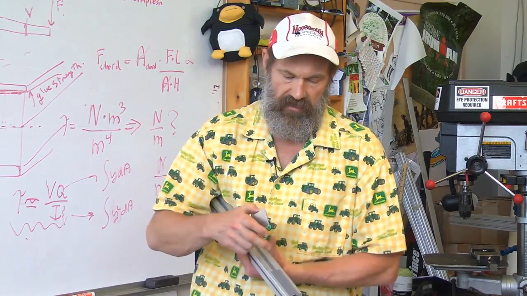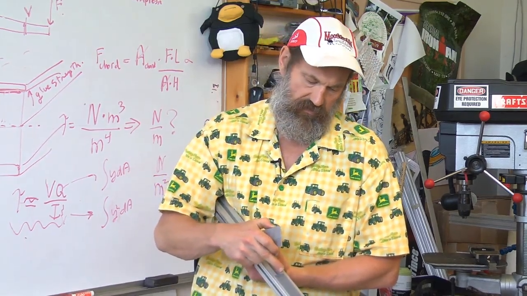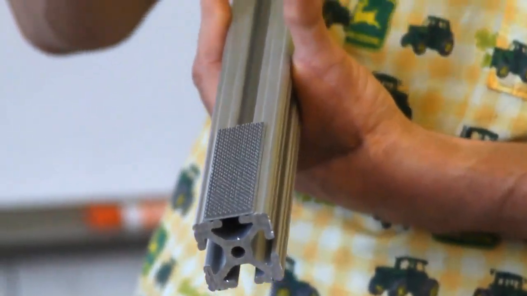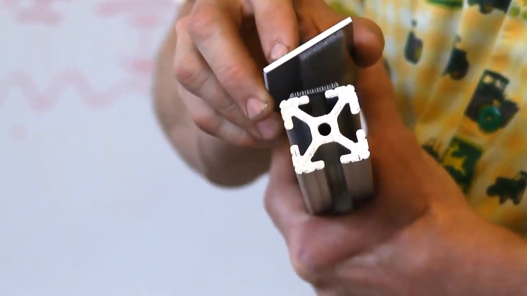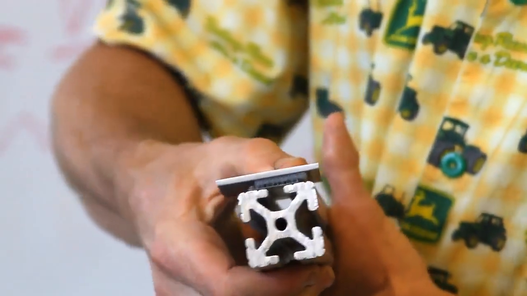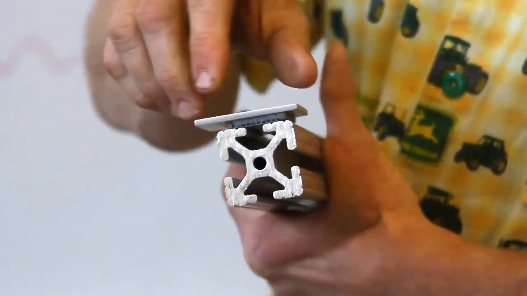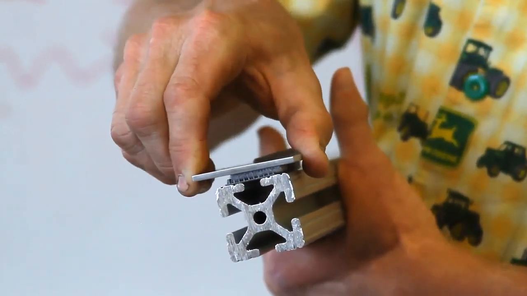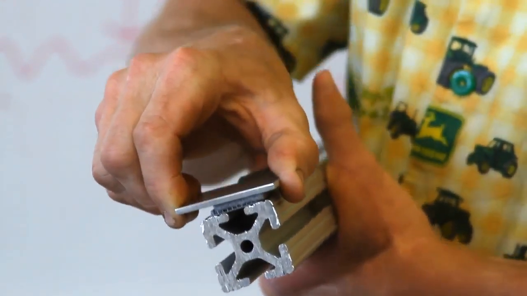So you can use something like a Velcro. Here are the hooks. Here's the fuzzy stuff. And I apply it. Now, watch what happens. This has some compliance, but not very much.